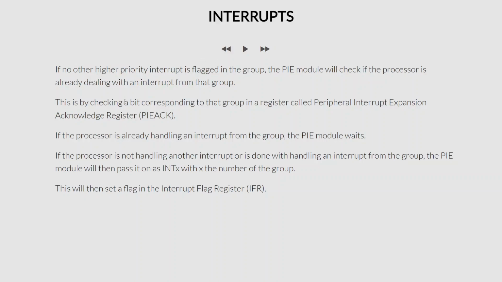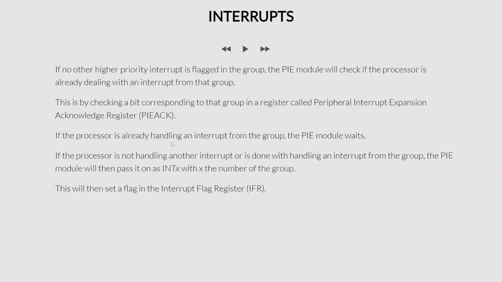And this is done by checking a bit corresponding to that group in a register called the Peripheral Interrupt Expansion Acknowledge Register, PIE ACK. Right? So this has a specific structure, where every group has a bit in this register. We have already seen there are 12 groups, which means there are 12 bits in this register corresponding to each group.